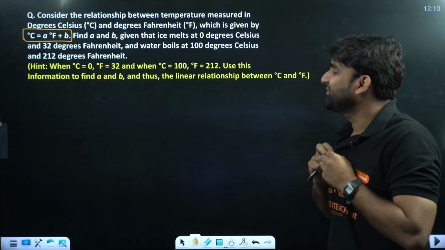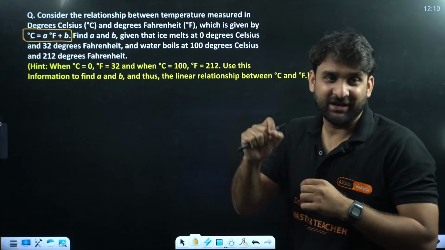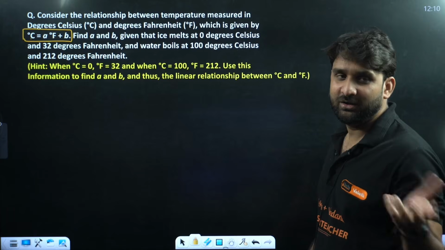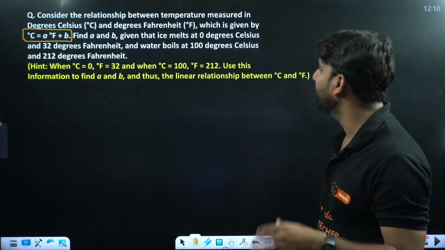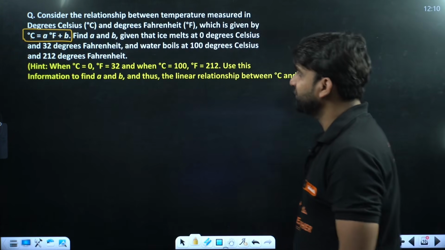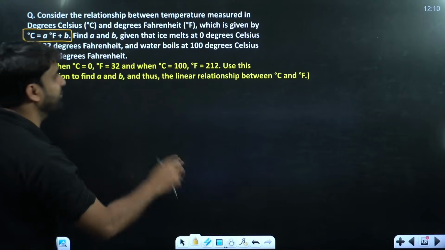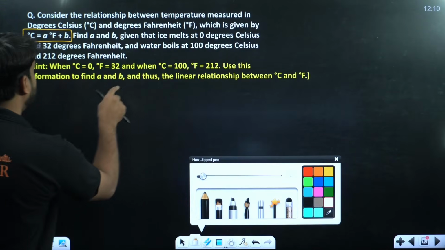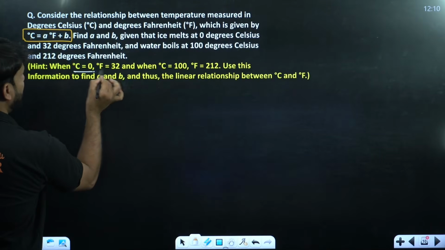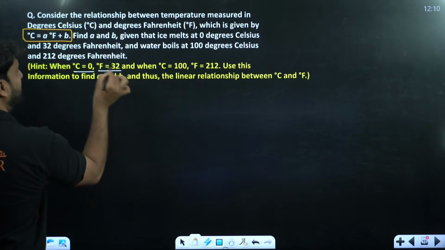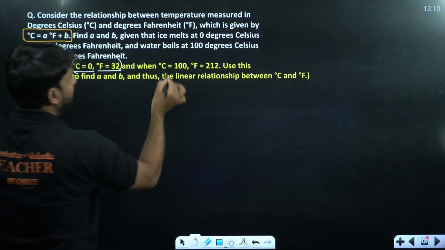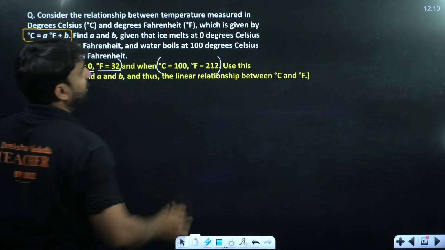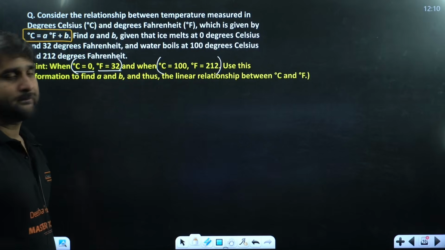This question is a little bit related to science, chemistry. If you have a little bit of information about degree centigrade, the melting and boiling point of water and all, then only you can solve this question. So a hint is already given for the students who are not aware of the temperature scale. 0 degree centigrade and 32 degree Fahrenheit both are the same, and 100 degree centigrade and 212 degree Fahrenheit both are the same.